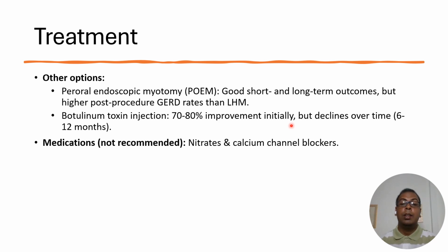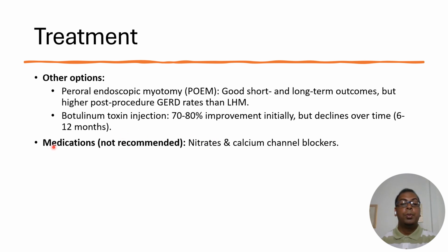It's injected into the lower esophageal sphincter, and it causes muscle relaxation, and it allows the sphincter to relax and accommodate the movement of food from the esophagus into the stomach. And it has shown some improvement initially, 70 to 80% improvement, but it declines over time, meaning that the more you use this botulinum toxin injection, the less it works over time.